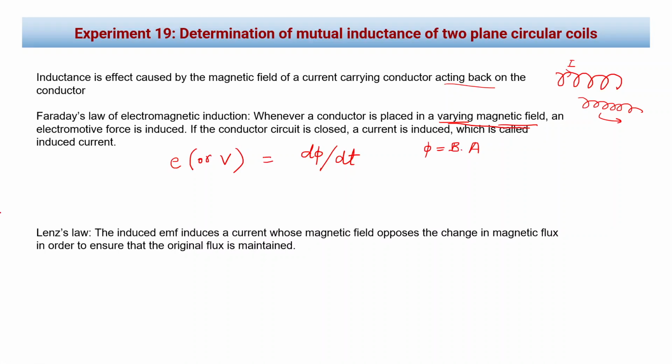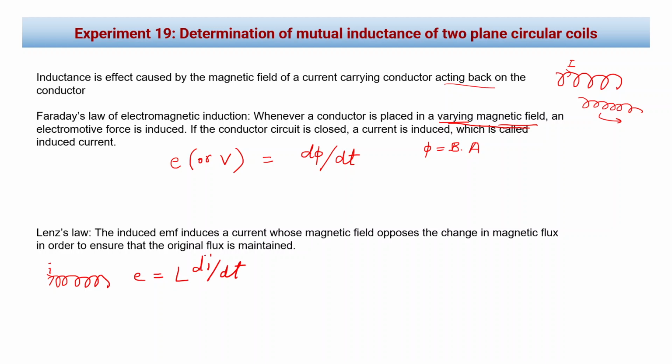If we have one coil, say the length of this coil is l and current I is flowing in it, then the EMF induced in it will be the inductance times dI by dt.